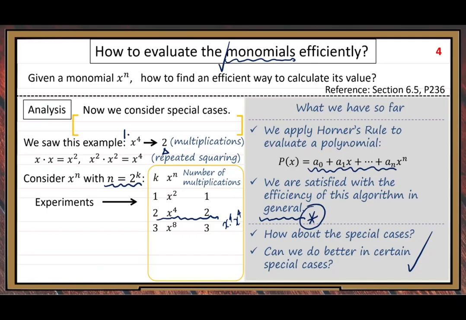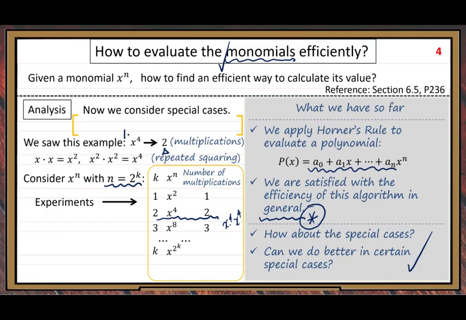Okay. So then by induction, because you see the rule, right? Based on the rule we observed from the first 3 experiments, when k takes the general value k, x to the 2 to the kth, that power monomial, how many multiplications?